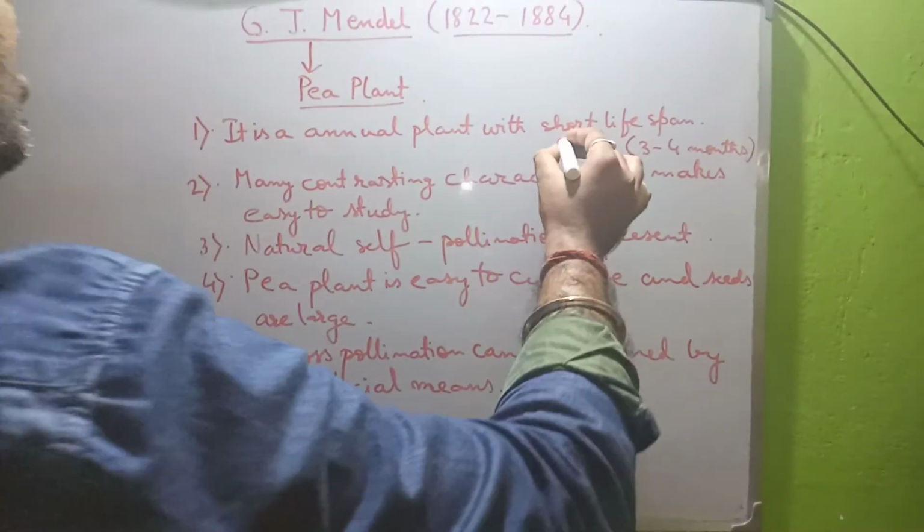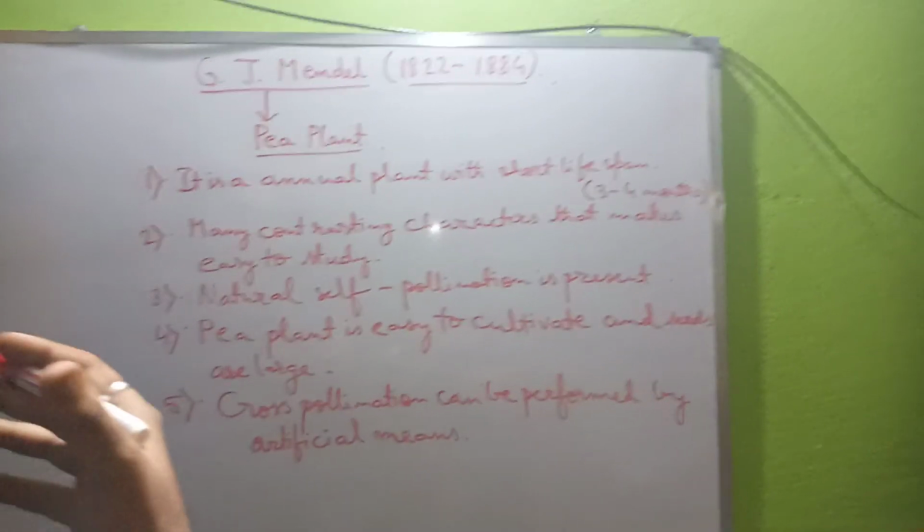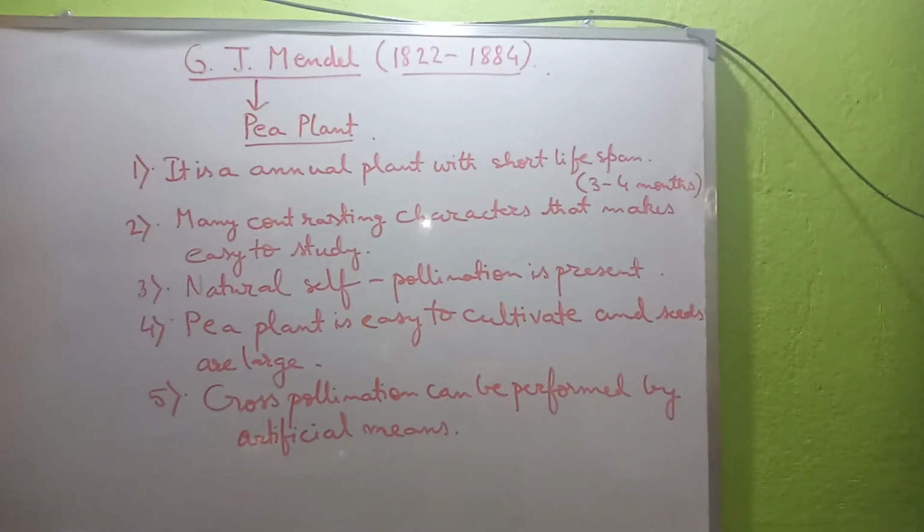Now you can ask, sir, why only a short lifespan pea plant? Why has he not taken any other plant which has a larger lifespan?